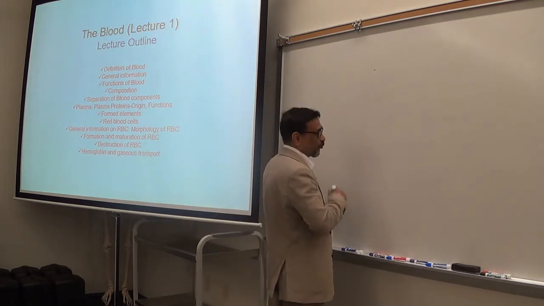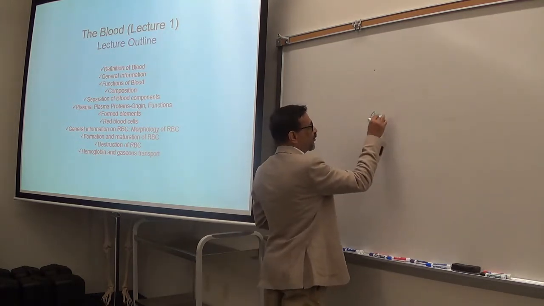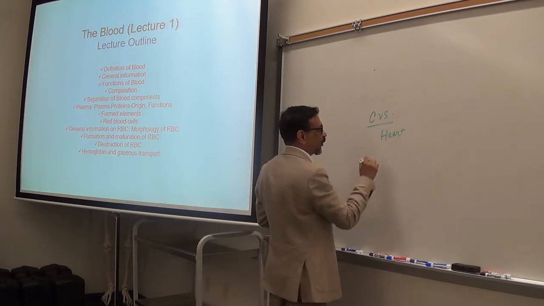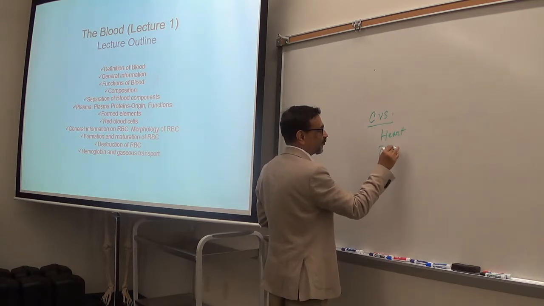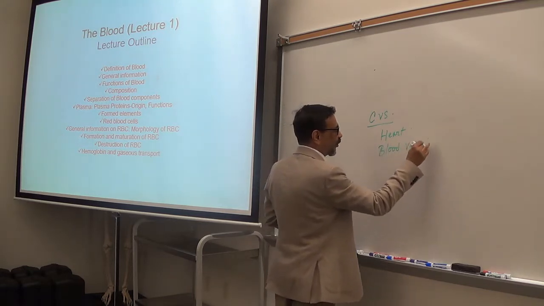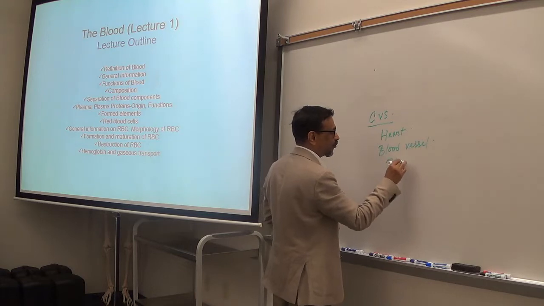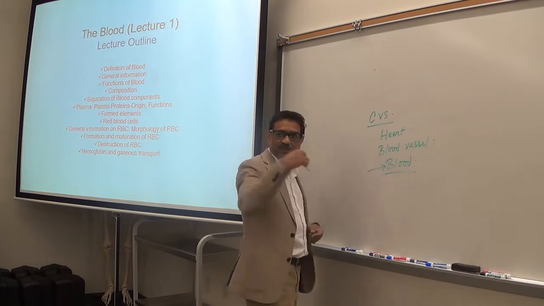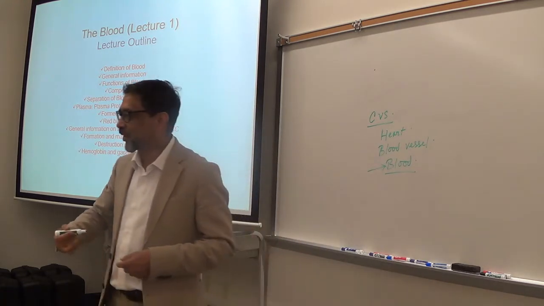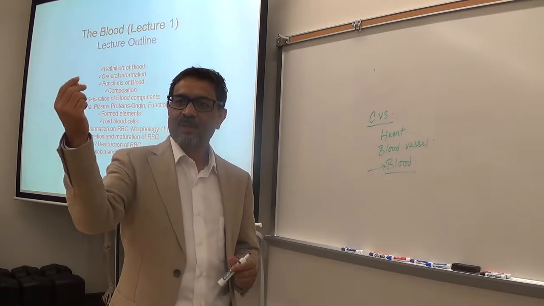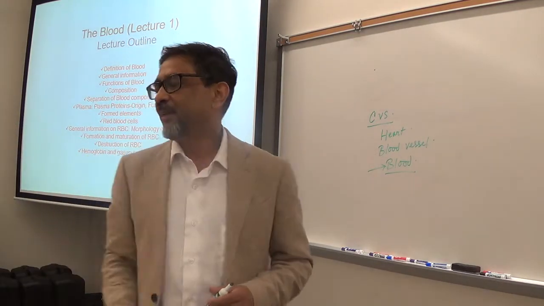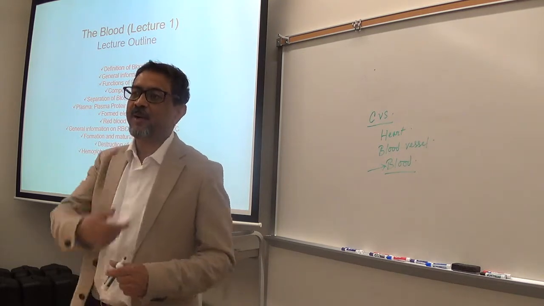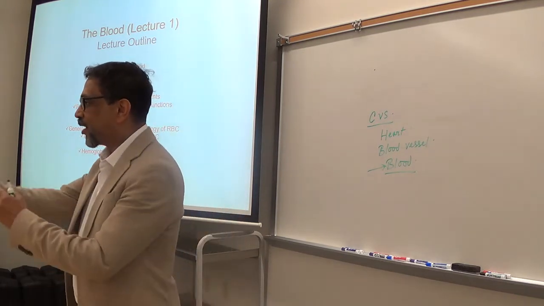Cardiovascular system consists of the heart, blood vessels, and the blood. So we all know that blood circulates inside the cardiovascular system, right? Blood is a fluid, and that fluid circulates inside the cardiovascular system. That means inside the heart and the blood vessels.